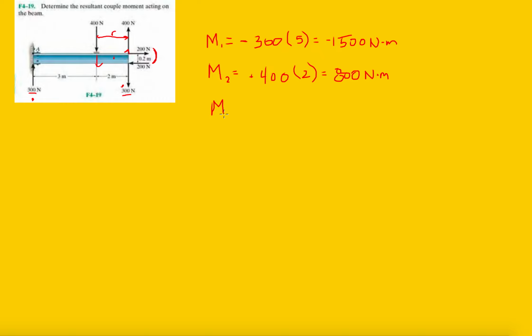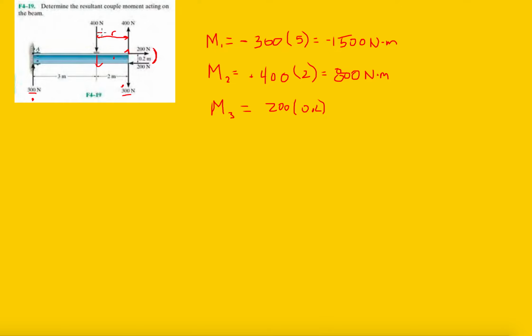The last one we can see here is this 200 Newton force, so M3. It'll be the 200 newtons times the distance between them, which is 0.2. That's the perpendicular distance between them.